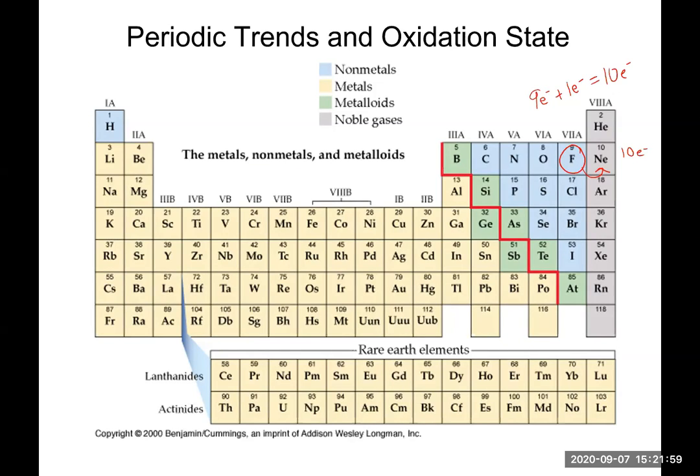If we look at the other end of the periodic table, say sodium, sodium has an atomic number of 11. With an atomic number of 11, sodium has 11 protons, and because it's neutral, we know it also has 11 electrons.